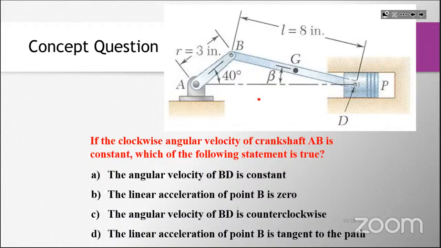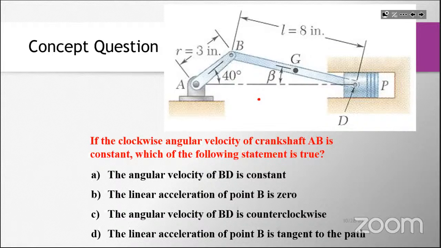A, the angular velocity of BD is constant. You need to show hands. Who thinks it's A? B, the linear acceleration of point B is 0.